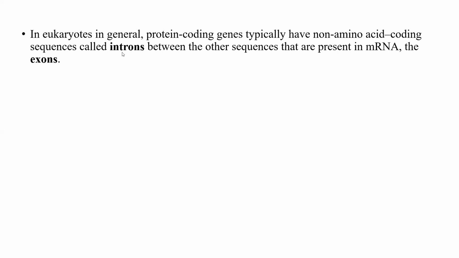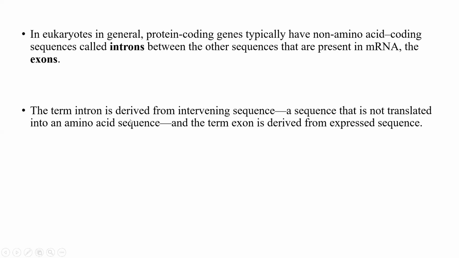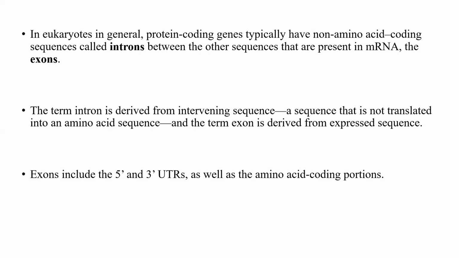When we say non-coding, they do not code for any amino acids during translation and they have to be removed. The other sequences are the exons, which are the coding sequence. Intron is derived from intervening sequence, a sequence that is not translated into an amino acid sequence. And exon is derived from expressed sequence or the coding sequence which can be translated.